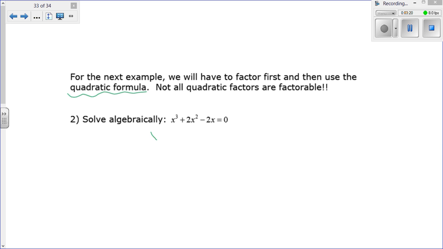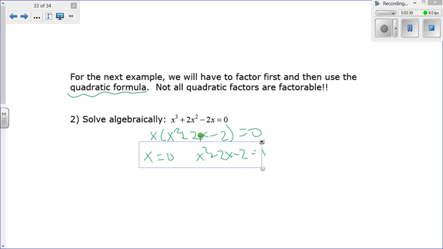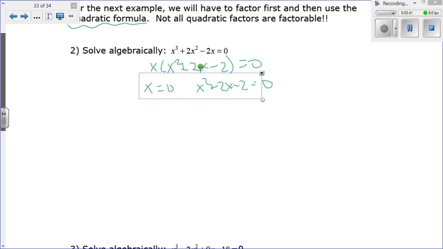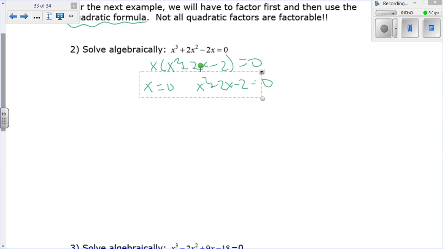My GCF is x, and I'm left with x squared plus 2x minus 2 equals 0. Well, x squared plus 2x minus 2 is not factorable at all. But I'm going to take each factor and set it equal to 0. And I'm going to take the factor on the right and use my quadratic formula.